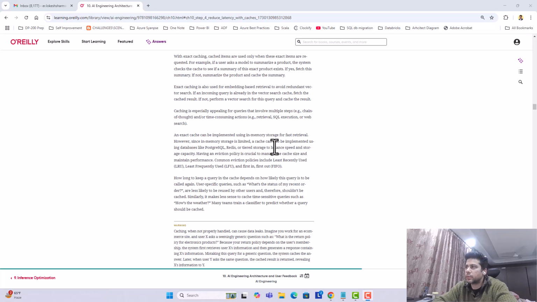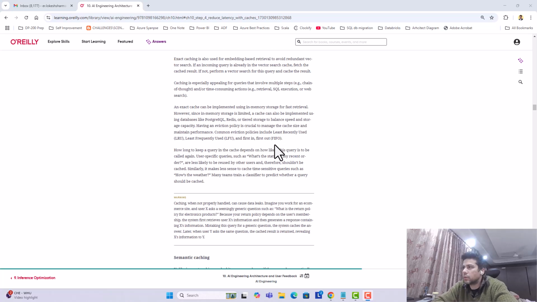Just like what happens when you are working in your local machine. If you have some data which is available in memory, that is easy to access. This is a typical data access architecture, where if you want faster retrieval, you should have in-memory storage. One other example could be your Power BI.